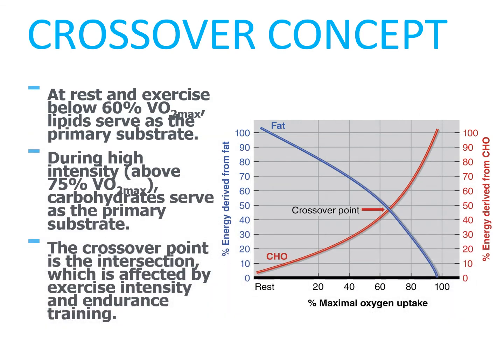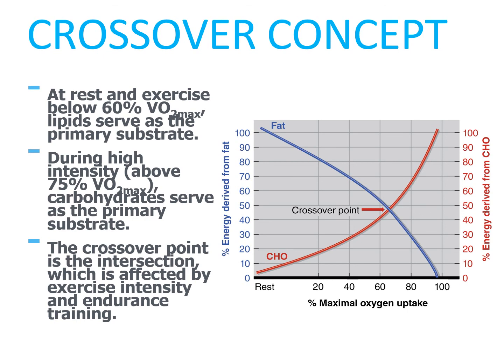Finally, an important concept to note is the crossover concept. Basically, there is a point with physical activity where we go from preferring carbohydrates as our energy source to fats as our energy source. So at rest and exercise below 60% of our VO2 max, lipids tend to be our primary substrate.